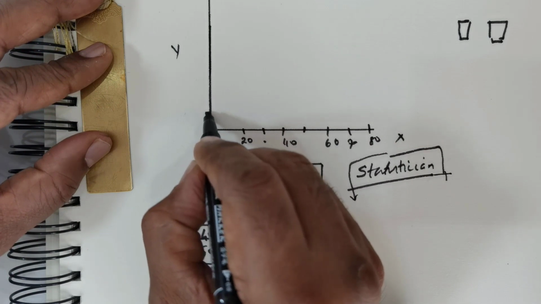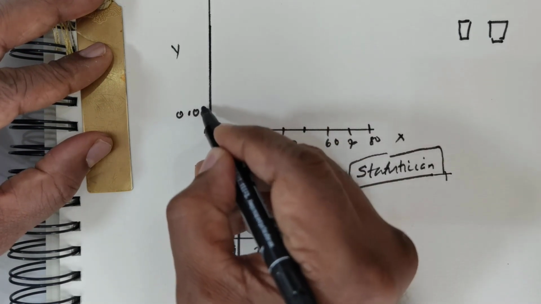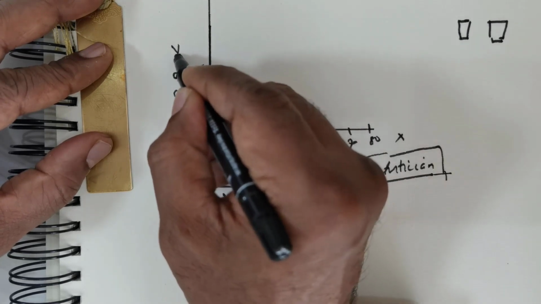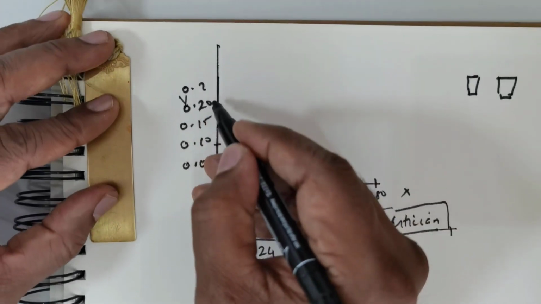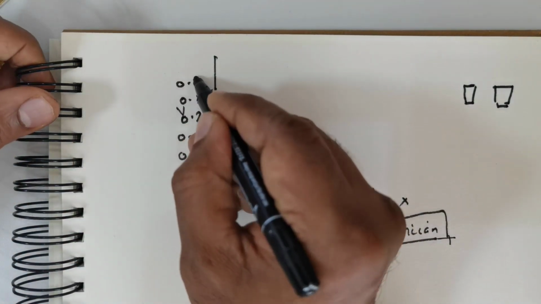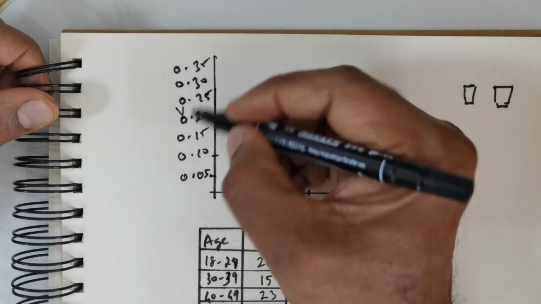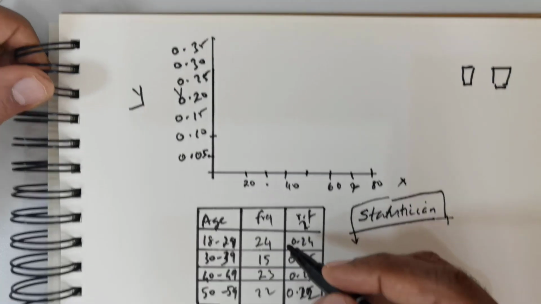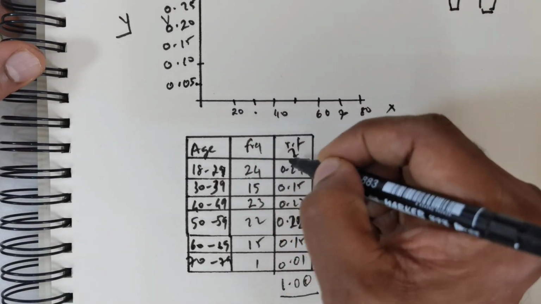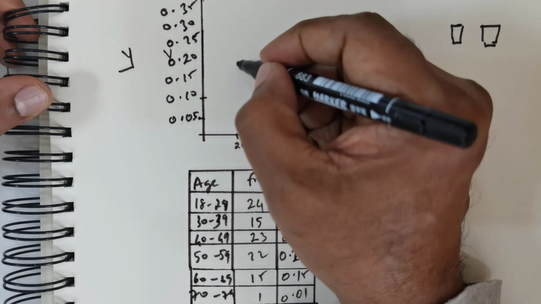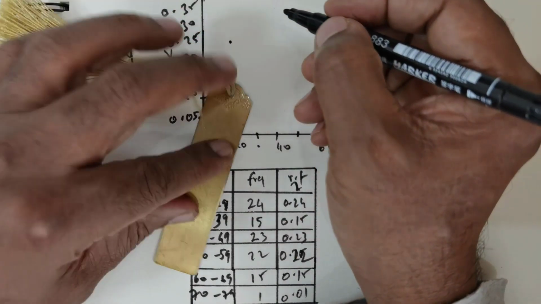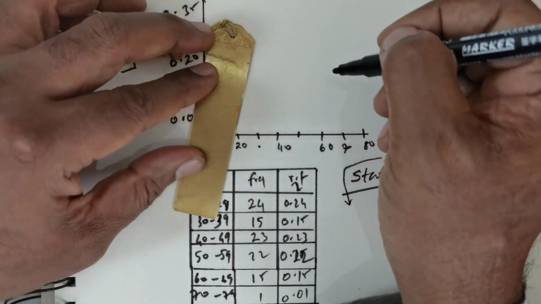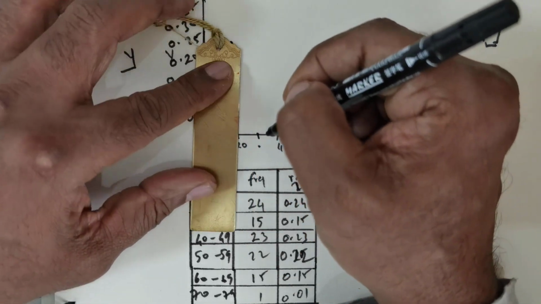So this division would be starting from 0.05 and then 0.10 and then 0.15, 0.20, 0.25, 0.30, 0.35. So that's how you divide the y-axis. This is a division for the y-axis. So 18 to 29, 0.24. 0.24 is going to be somewhere over here. So you start from here, and then 29, this is over here.